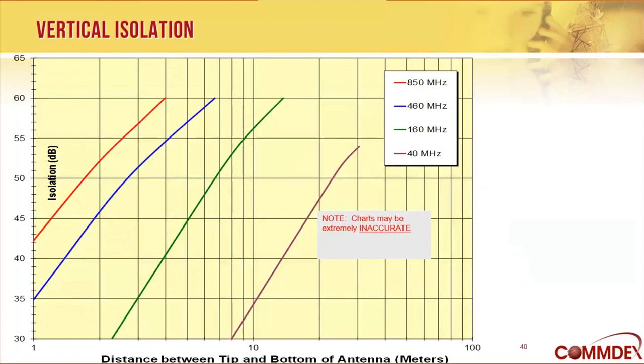And so we got different colors for each frequency band. So let's look at the VHF band in the green. This tells us that if we separated two VHF antennas by 10 meters, we would get about 56 dB of isolation, which is pretty good considering all we did was move this antenna 10 meters vertically away from the receive antenna.